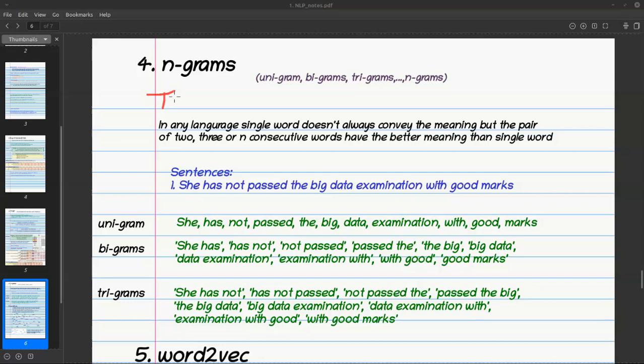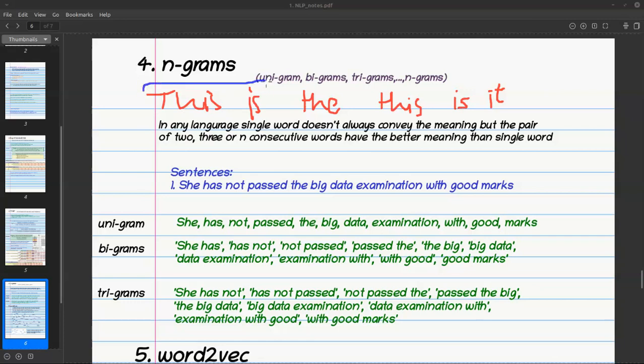So if you have something like this, this is the, and let's say for some reason again I have this is it. Then if you calculate the unigram, it would be 1, 2, 3 and 4 only, because this and is are repeating, right? So even if you are calculating bigram, how many bigrams will you have?